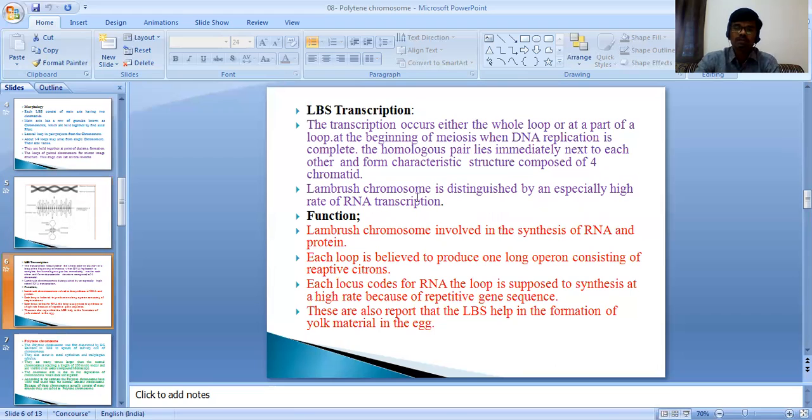Lampbrush chromosome functions. The lampbrush chromosomes are involved in the synthesis of RNA and proteins.